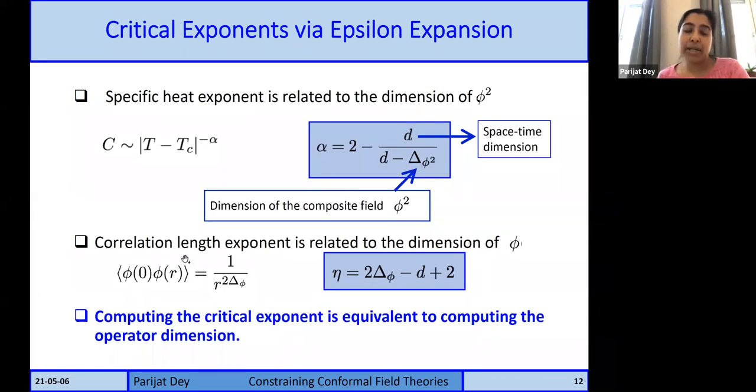Similarly, the correlation function exponent, which tells us how two fields at different points are correlated, is given by this exponent eta, and this is related to the operator dimension of the fundamental scalar field phi. So these relations tell us that computing the critical exponent in a CFT is equivalent to computing the operator dimension in the theory.